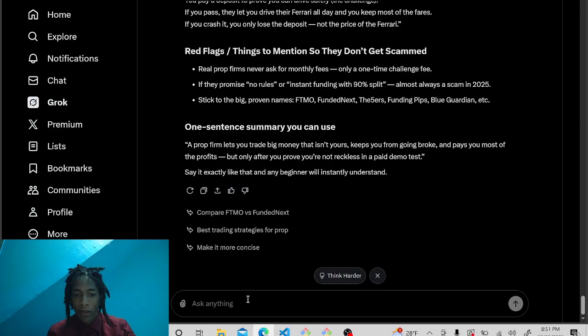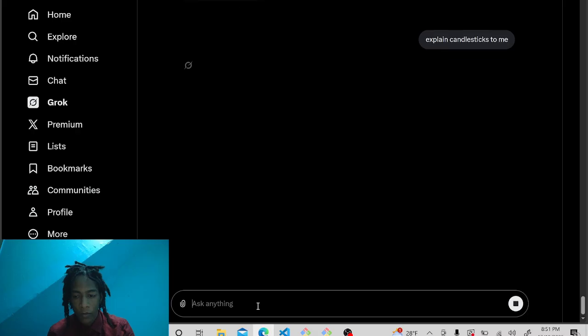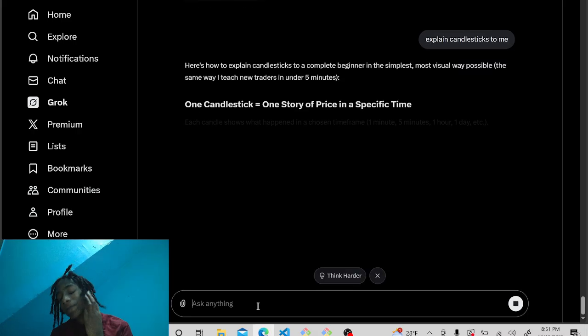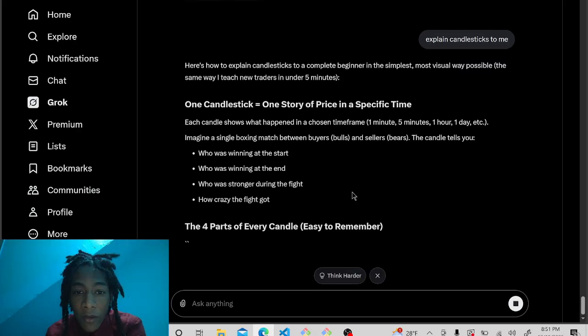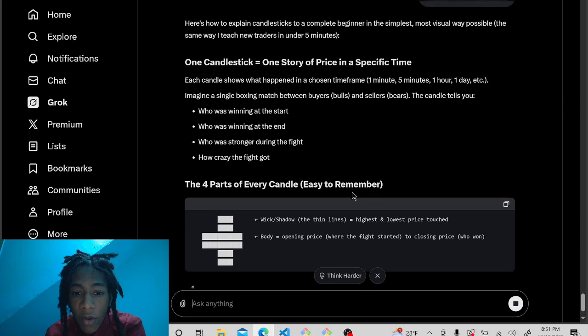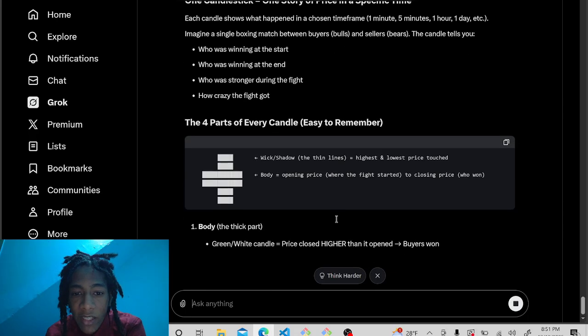Okay, like ask Grok, explain candlesticks to me. You ask anything. Okay, one story of price is a specific wick shadow. See how it shows you everything? And guess what?